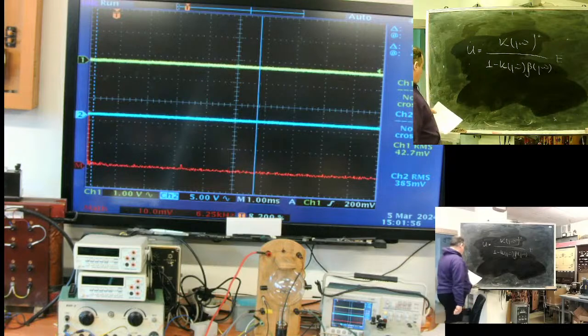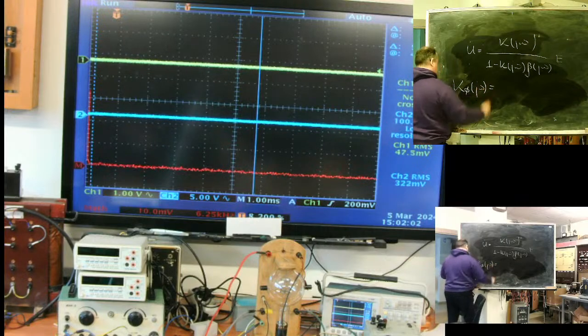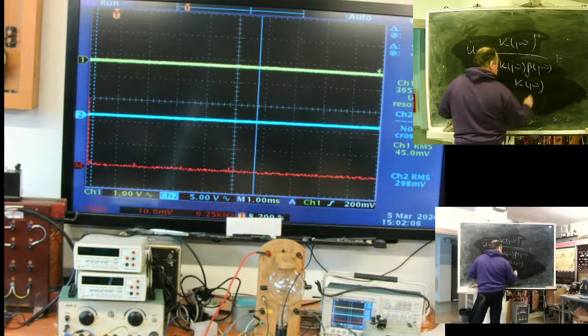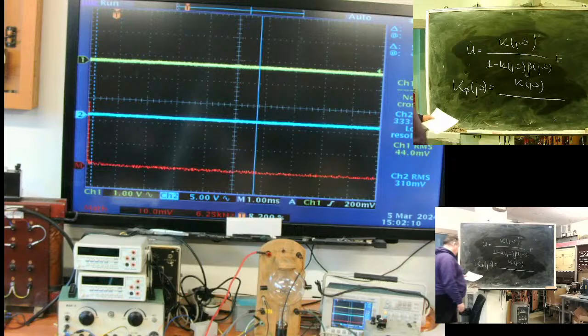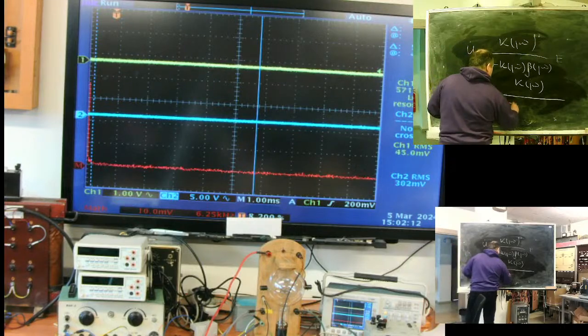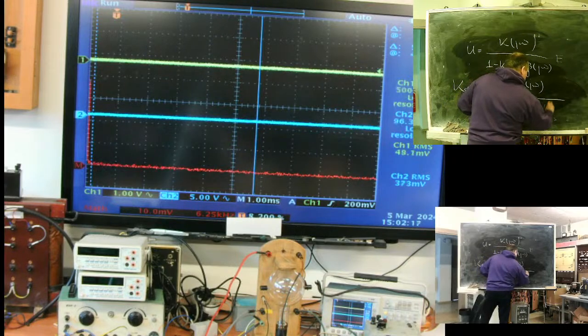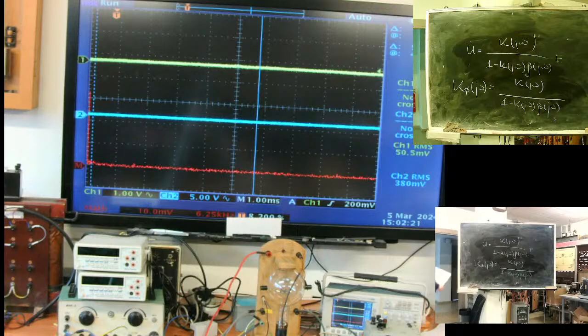This means what, the real effective transfer function is what? The direct stage transfer function divided by 1 minus K beta. This is the transfer function of the system with return.